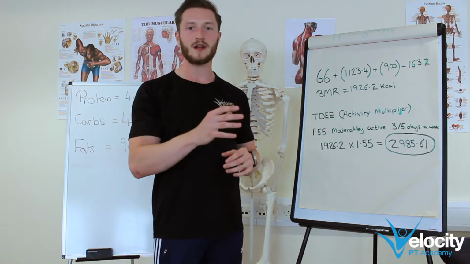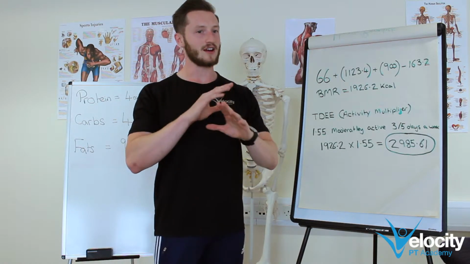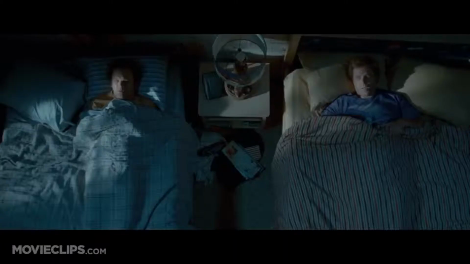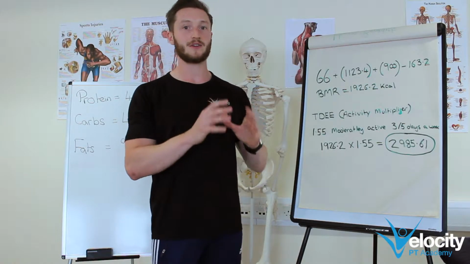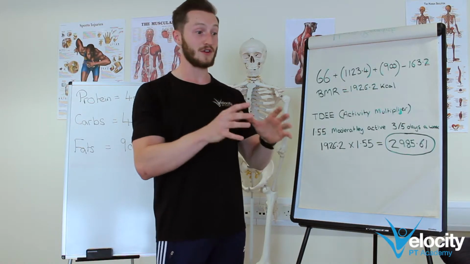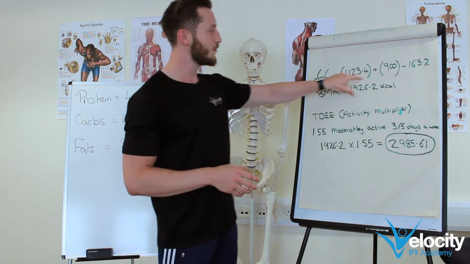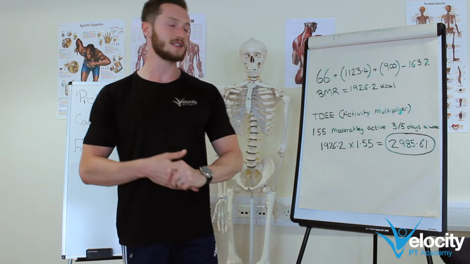Basically, if you were to wake up in the morning, lay in bed, not get out of bed, not even go to the toilet, and then just go straight to sleep at night, that is the amount of calories that you need in order to live. So that is giving me the rough amount of calories that I need in order to live.